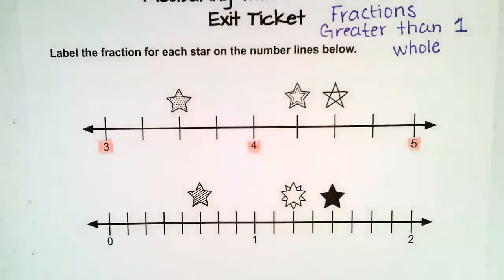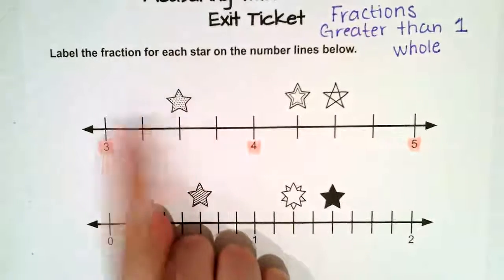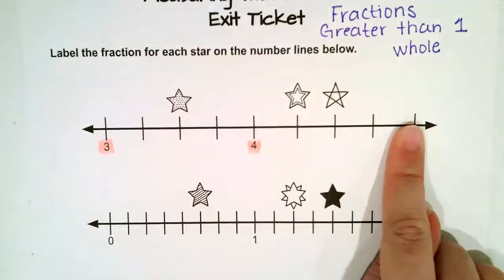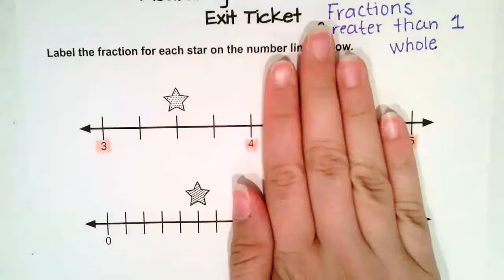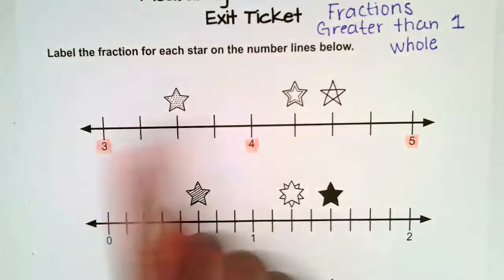So when we do this, the first thing we need to do, just like normal, is count the number of spaces between the whole numbers. I'm not going to count the number of spaces all the way down. I need to count from one whole number to the next.